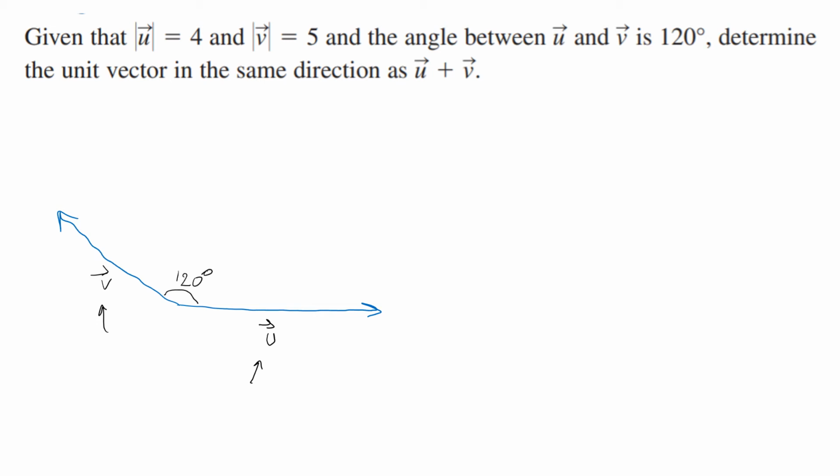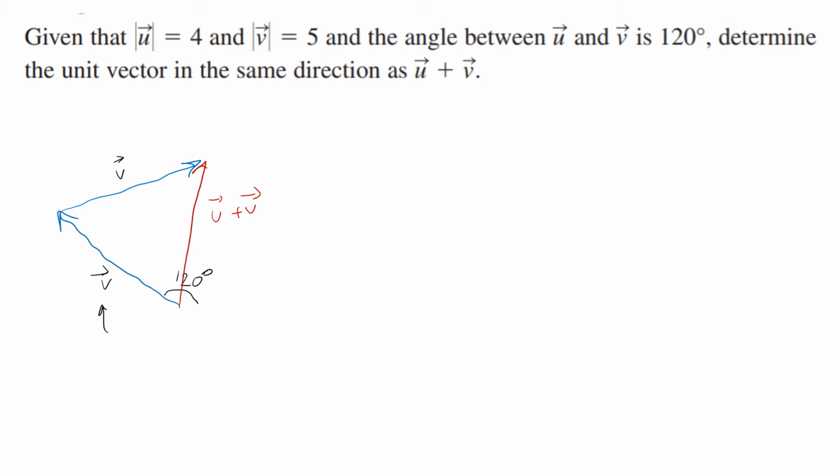I can use the triangle law for this. If I add these vectors, let's say this goes like this, and that's my u that's added. So I'm going to erase this u not to confuse you guys. And then my main vector will start from here and go like that, and this would represent u plus v.